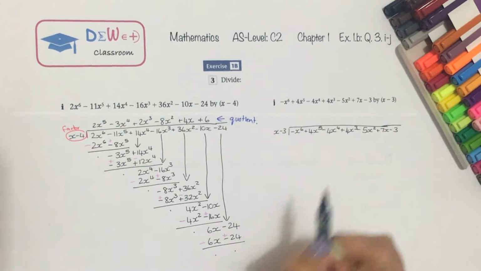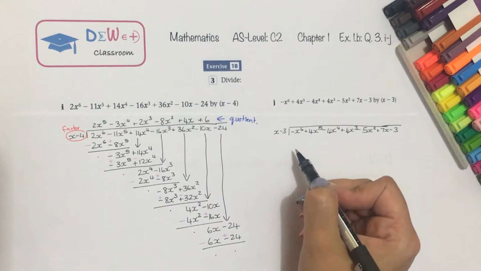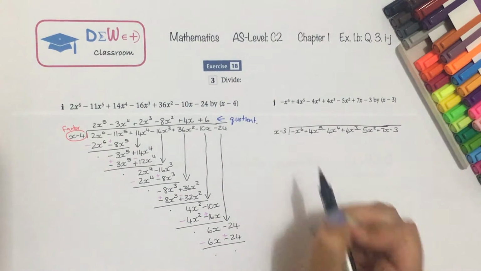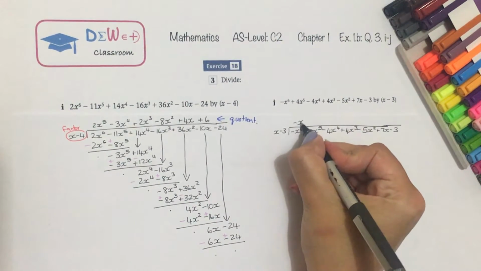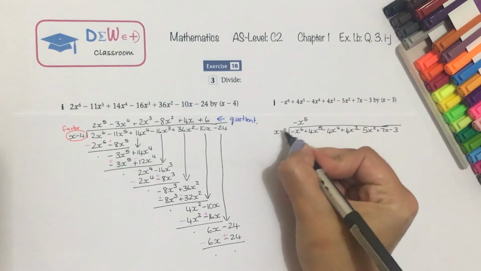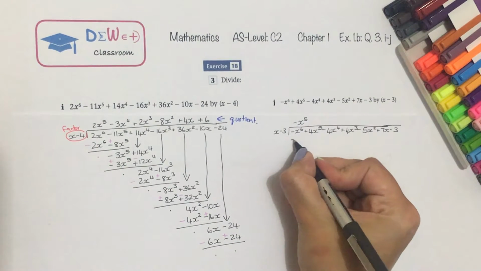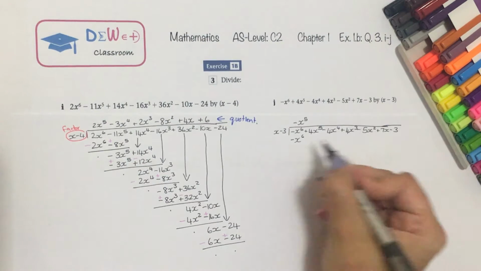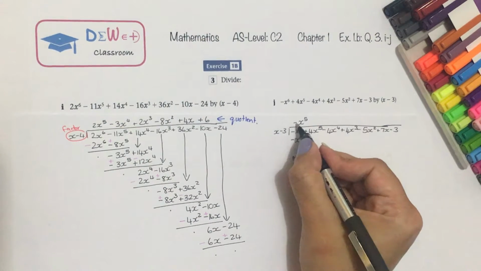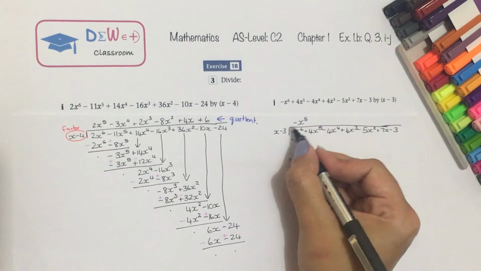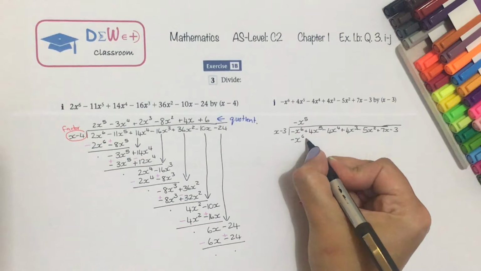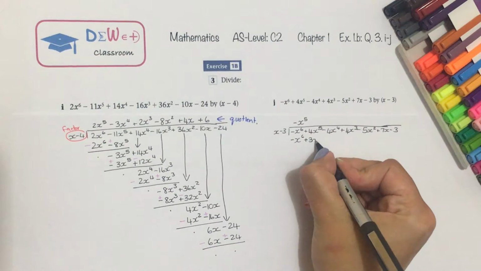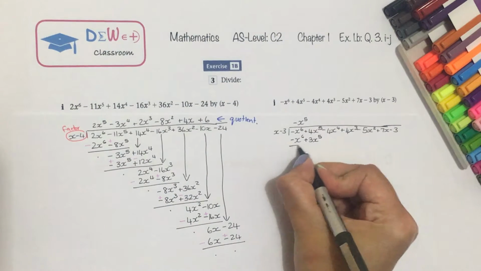We start off with our first term, so minus x to the power of 6 divided by x is minus x to the power of 5. If we times that with x, we get minus x to the power of 6, and minus x to the power of 5 times 3 will give us a positive 3x to the power of 5.